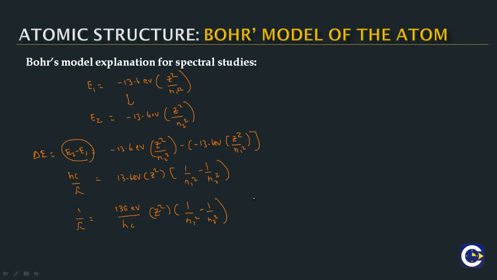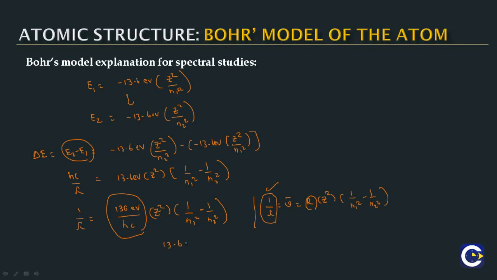So we know that Rydberg's equation for hydrogen-like species will be 1 by lambda equal to the wave number R into Z square into 1 by n1 square minus 1 by n2 square. Now Bohr's model will be able to successfully explain the presence of characteristic radiation in the spectral studies if the value of this 13.6 electron volt by hc comes close to the Rydberg's constant, and that is exactly what has happened.